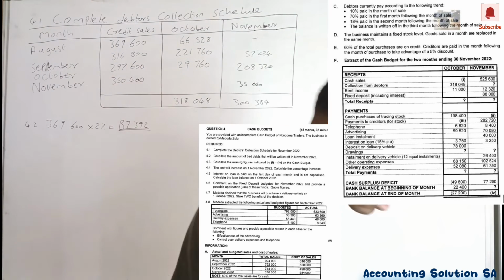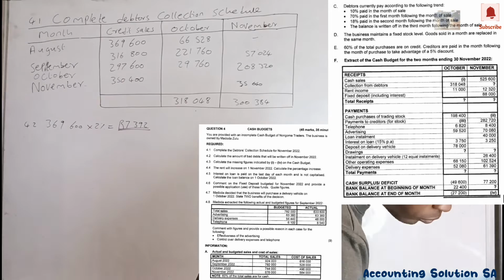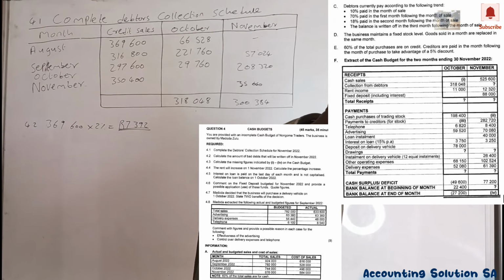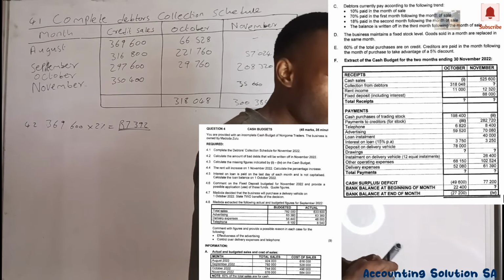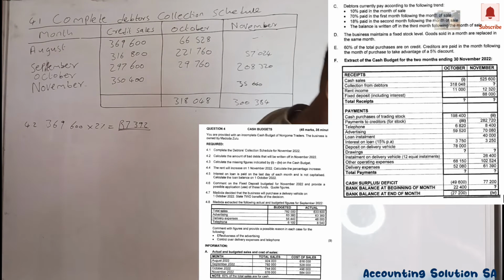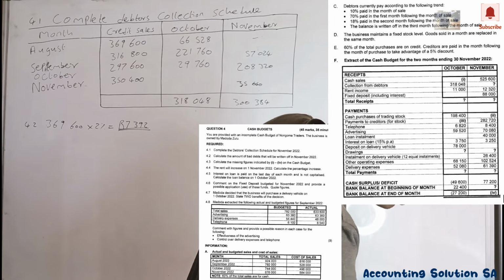Now let's go to 4.3. Calculate the missing figures indicated by Roman figure 1 up to Roman figure 5 on the cash budget, 11 marks.